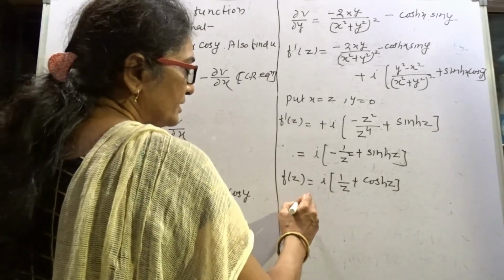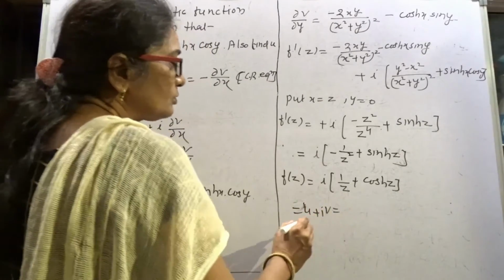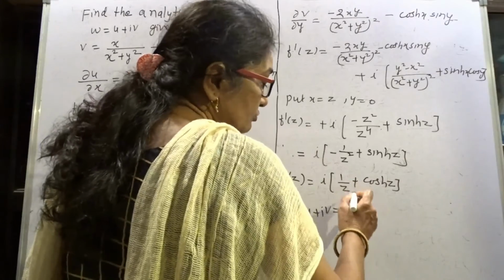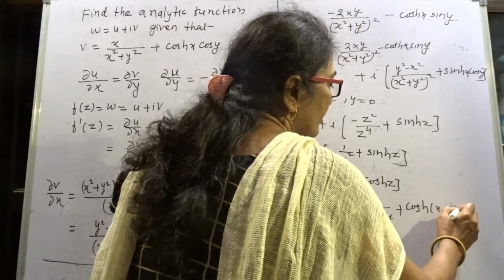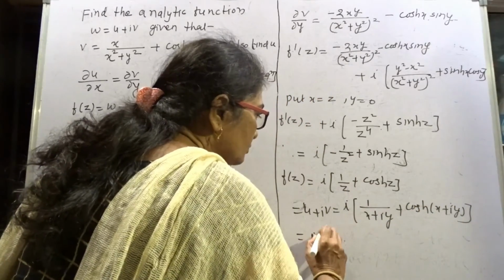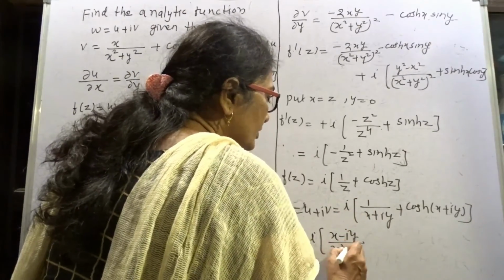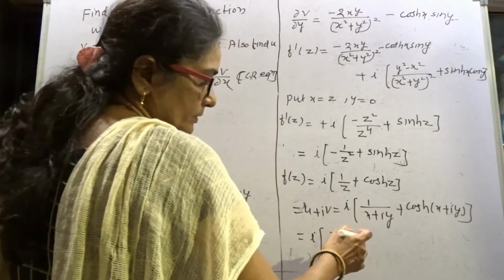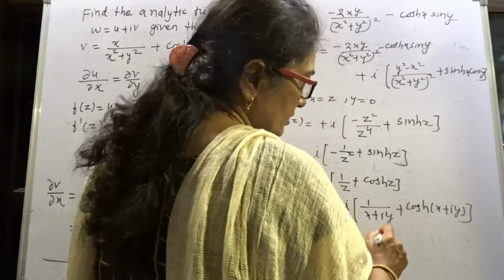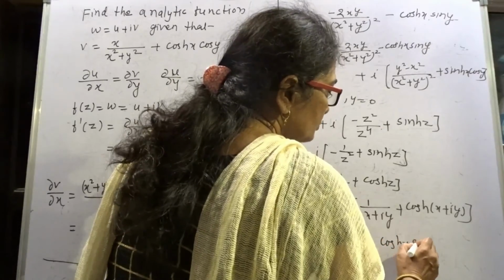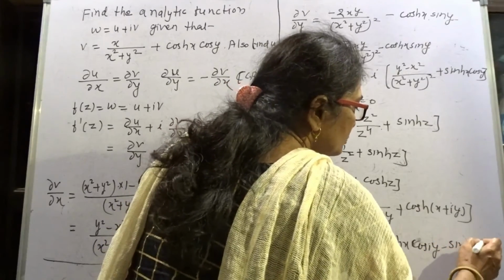Now f of z is u plus iv, so we put the value of z, that is x plus iy: 1 upon x plus iy plus cos h of x plus iy. We rationalize it, so we get i into (x minus iy) upon (x square plus y square), plus cos hx cos iy minus sin hx sin iy, using the formula cos a cos b minus sin a sin b.